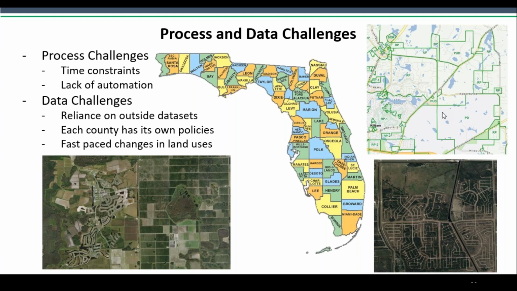And we have attempted to review zoning and future land use data to complement our analysis, but often the information is inconsistent and conflictive. And due to the fast pace of development in Florida, the landscape is, again, frequently changing. We have attempted to improve the process.